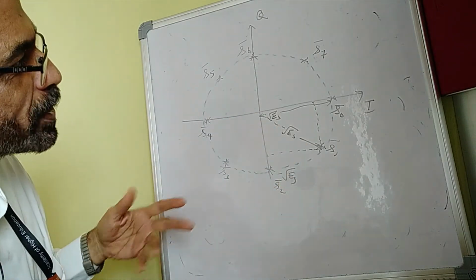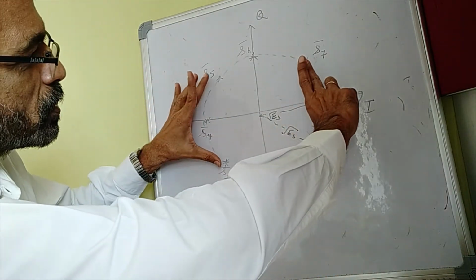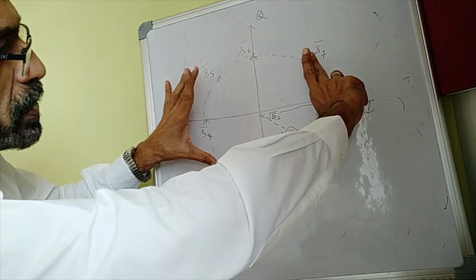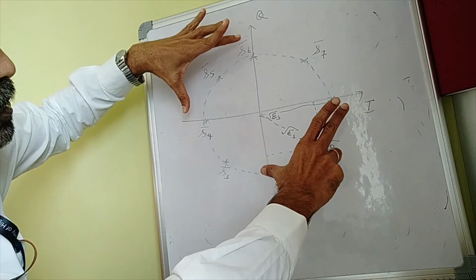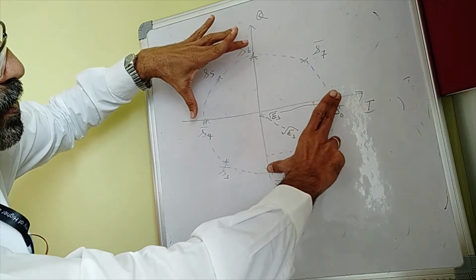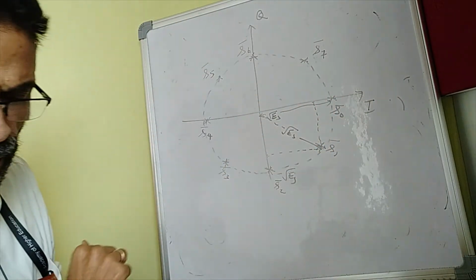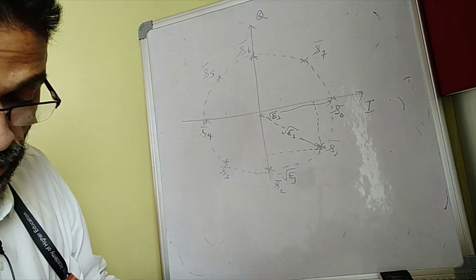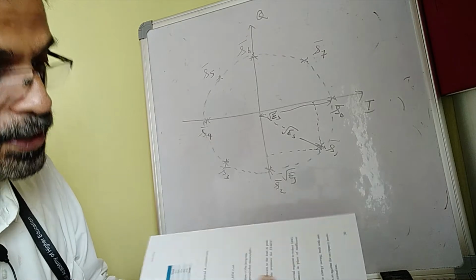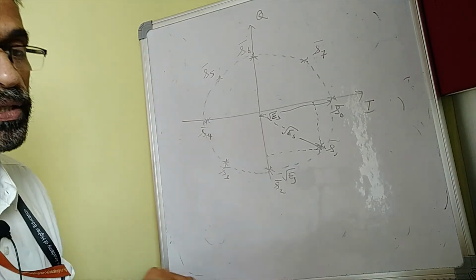It's actually a combination of the constellation which we discussed first when we discussed QPSK, and the constellation which we discussed for the second example. So it's a combination of these two, and this is how the signal space and the signal constellation for octal PSK looks like.